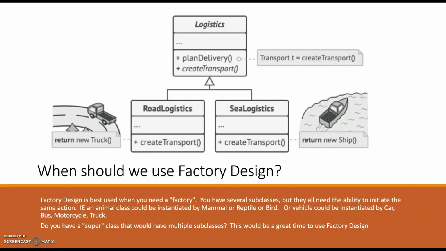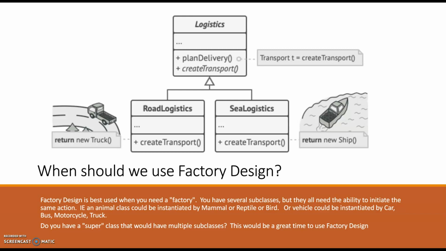Now let's talk about when we should use it. Factory design is best used when you need a factory. So we'll go back to the toys for a second. We need a factory because either toy uses the inject mold, but if we simply say, hey, toy factory, call duck mold, the duck automatically knows that it needs to use the injection.